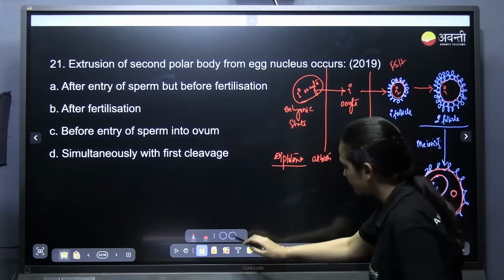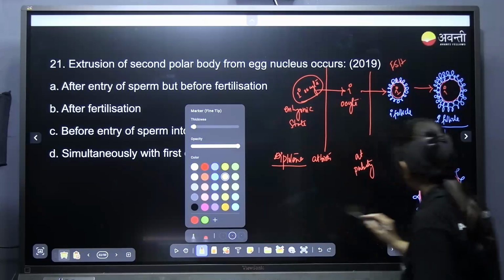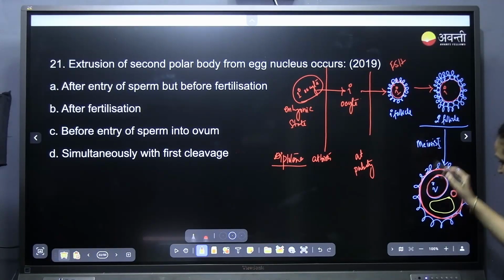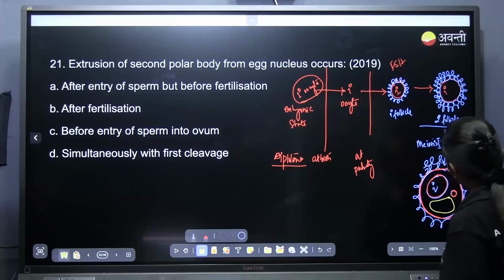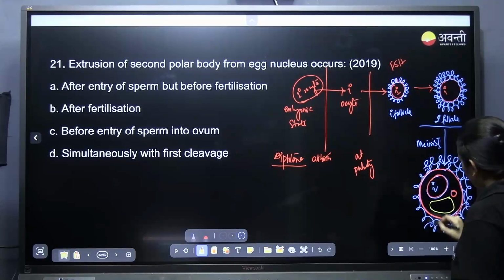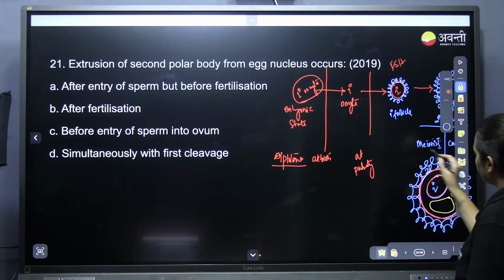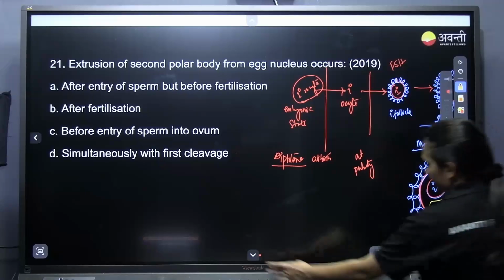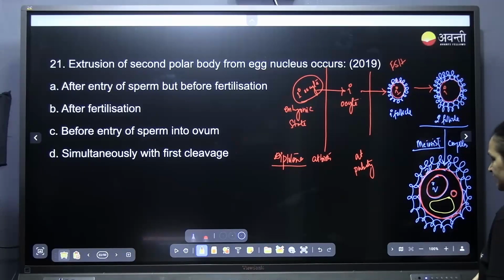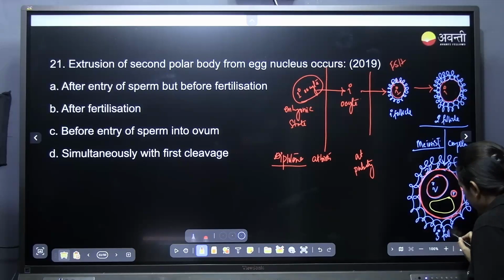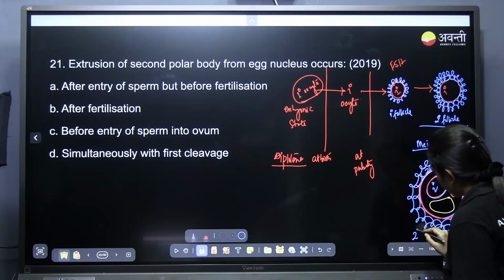With this you can see a fluid filled cavity. This is a tertiary follicle, where the first meiotic division completes.